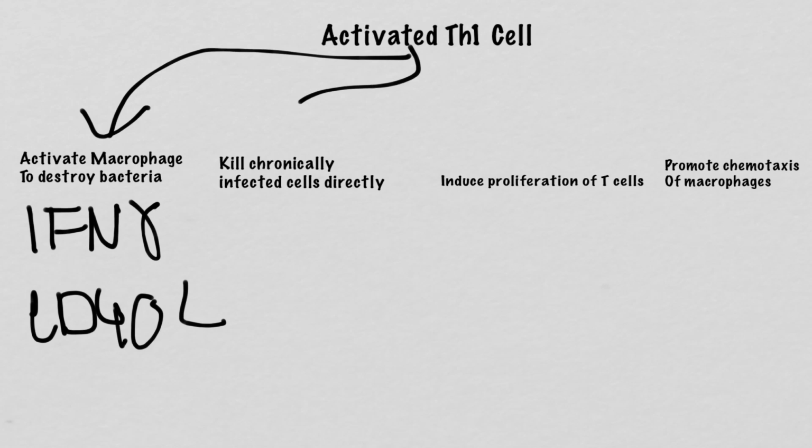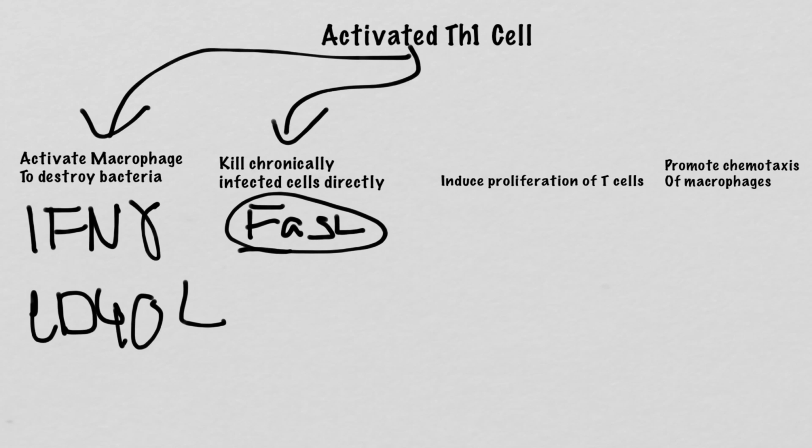It can kill chronically infected cells directly through expression of Fas ligand, which will literally cause the cell to kill itself when it ligates the receptor Fas expressed by the target cell. It induces proliferation of T cells because Th1 CD4 positive T cells produce a lot of IL-2, and everywhere they go, they're creating more IL-2, promoting more T cells to proliferate.